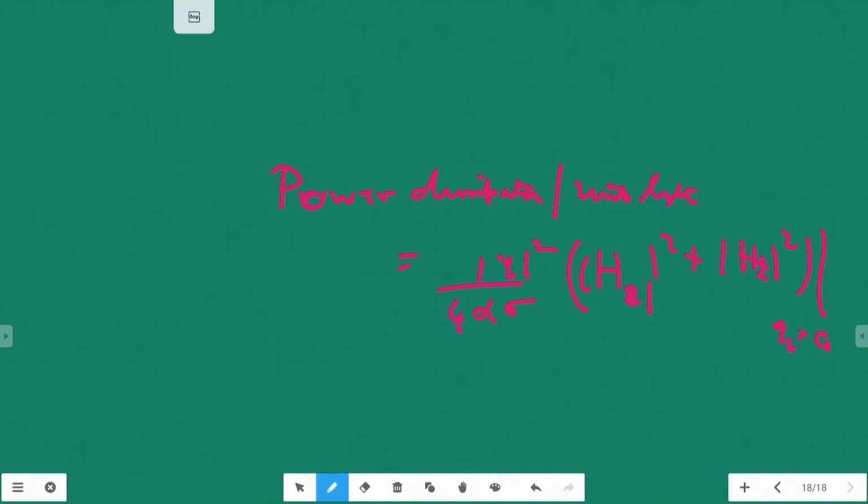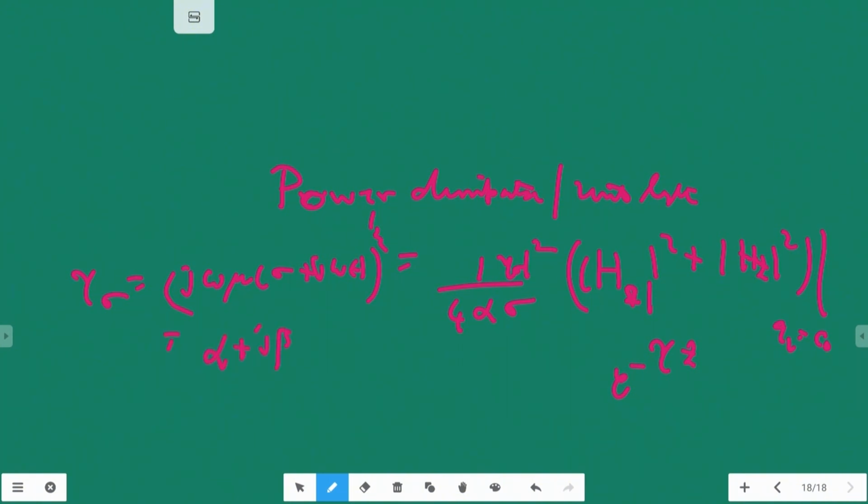This will vary with Z as e power minus gamma Z, but here you have to use gamma within the conductor. Here this is the propagation constant within the conductor, so your gamma sigma should be taken as J omega mu into sigma plus J omega epsilon over half, which is equal to alpha plus J beta.